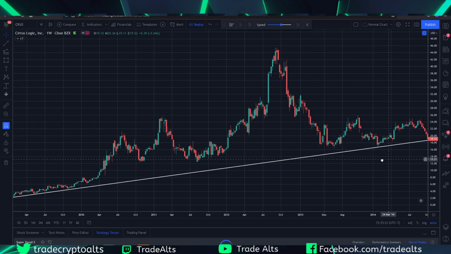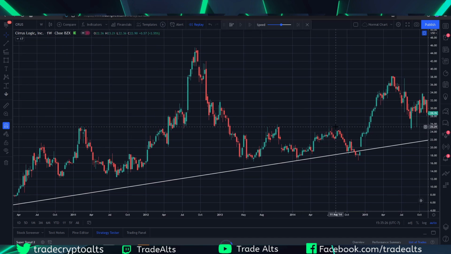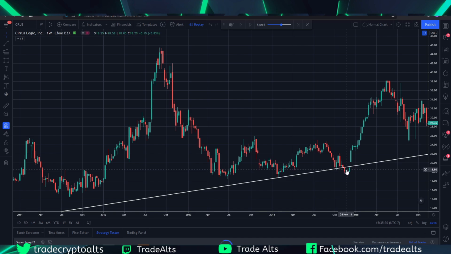So you get your bounce. Price moves up. You get another bounce. And you fail here. But it's actually reclaimed. So you have this gap up, and you're back above your trend line.